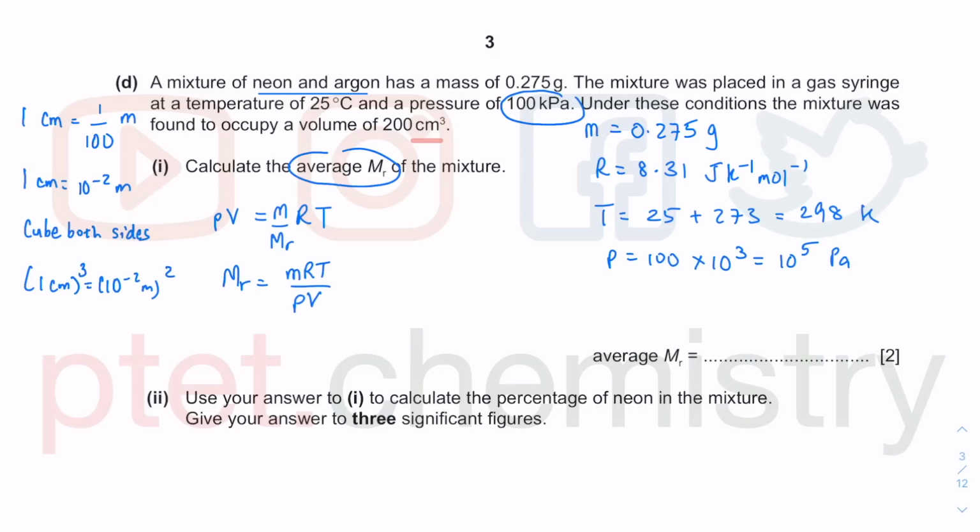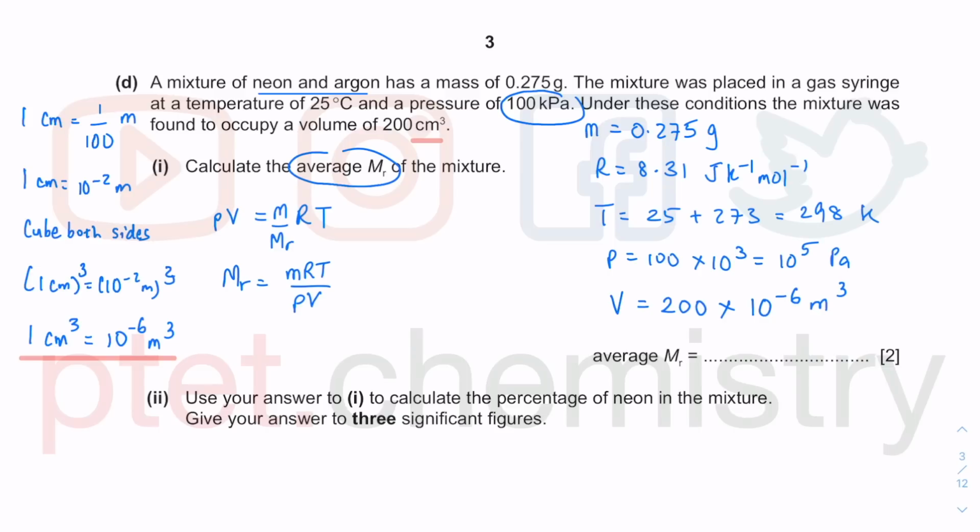I also know how to cube both sides. 1 cubed is 1, cm cubed is cm cubed, 10 to the minus 2 cubed is 10 to the minus 6, and this is meter cubed. So overall, I convert my volume from cm cubed to meter cubed by multiplying by 10 to the minus 6 meter cubed.